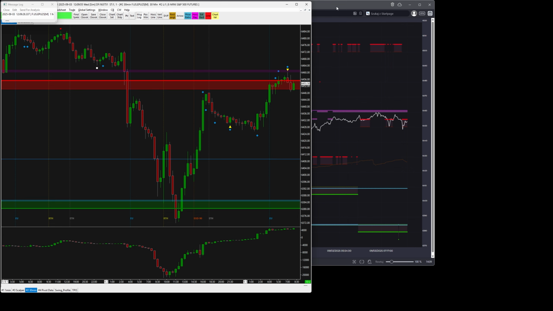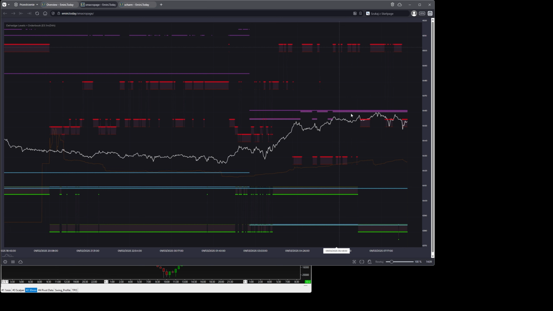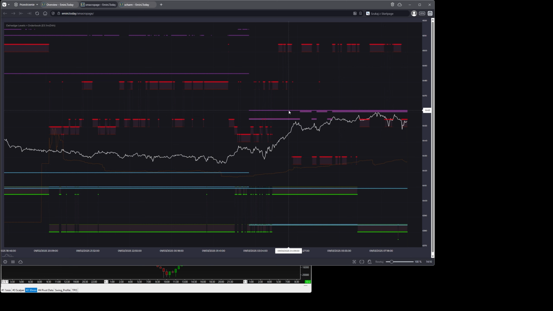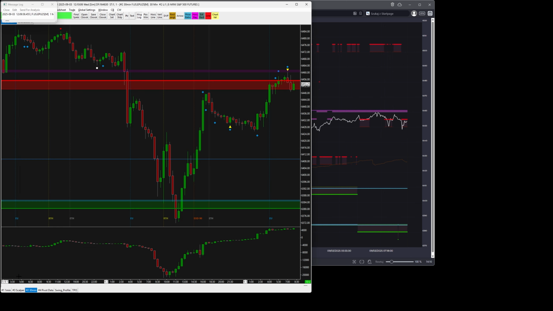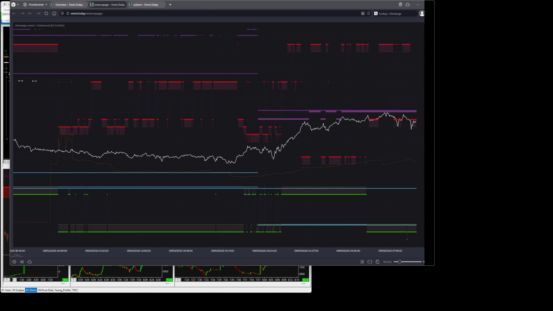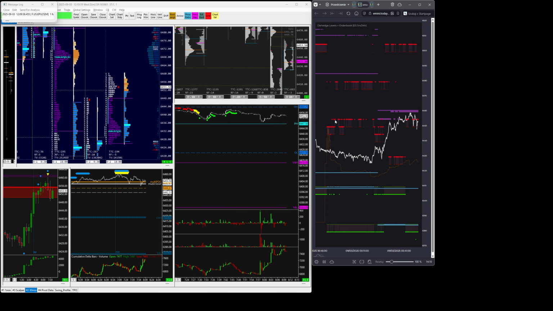History can be viewed in the terminal, so it will show you what it was like an hour, 2 hours, 5 hours ago. But in Sierra Chart, you just see the current situation, right? Yeah, so this is the deleverage tool.